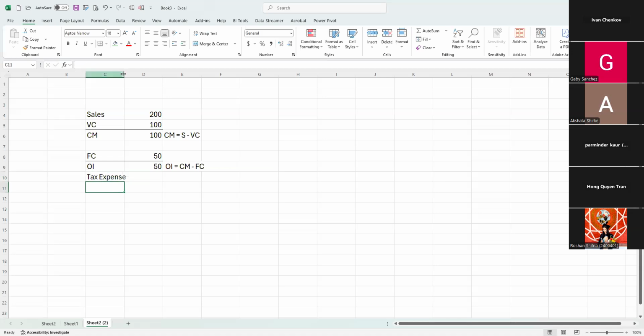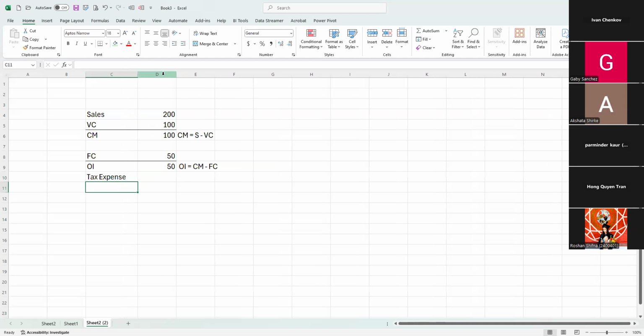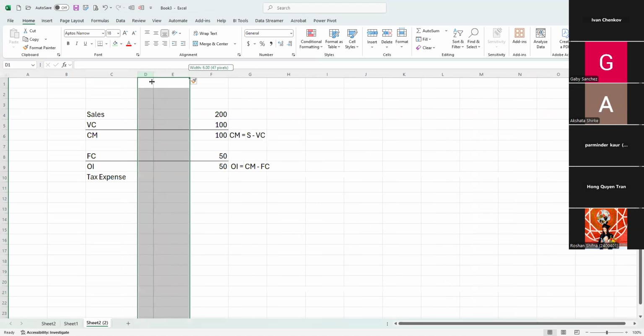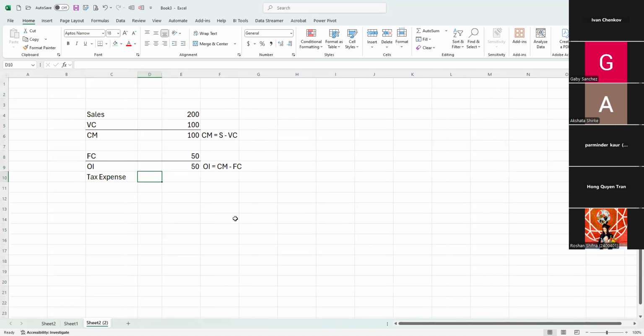Now for the tax expense, we need the percentage of the taxes, right? Otherwise, we won't be able to get it. Let's say we're paying 40% taxes. How much is my tax expense? $50 times 40%, $20 is my taxes.